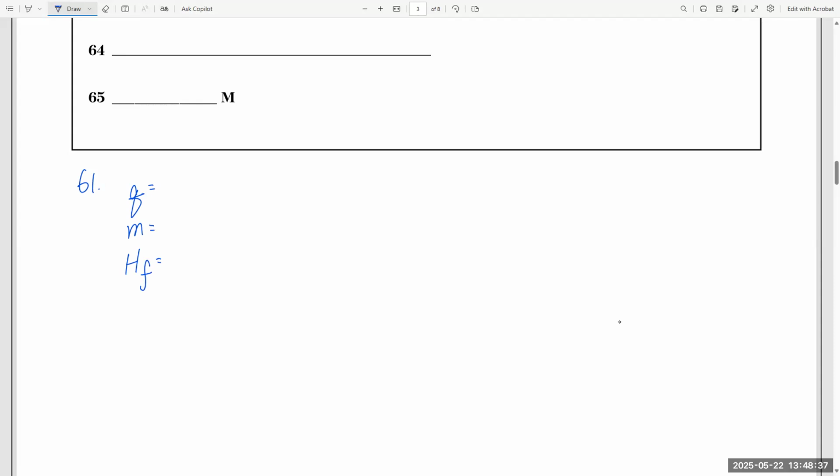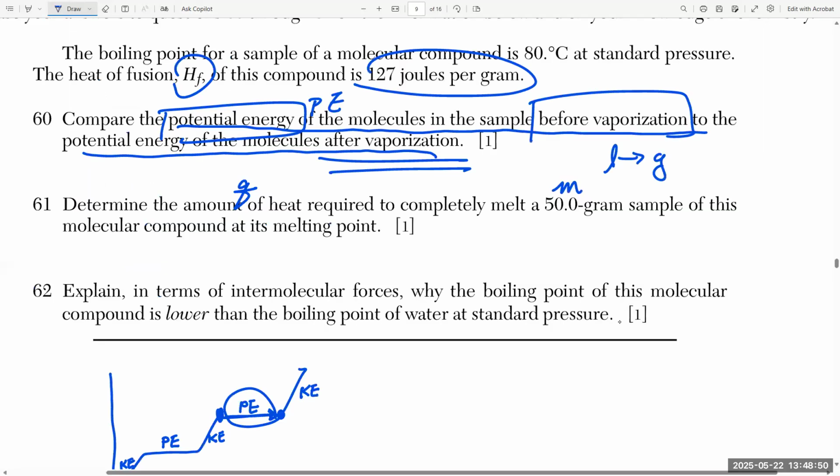Now, what is M? Remember, it was 50.0 grams, I think. And Q, they wanted you to find this, am I right? Yes, I am. And then the heat of fusion is right up here at 127 joules per gram.